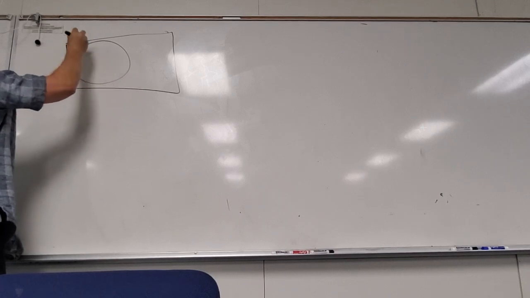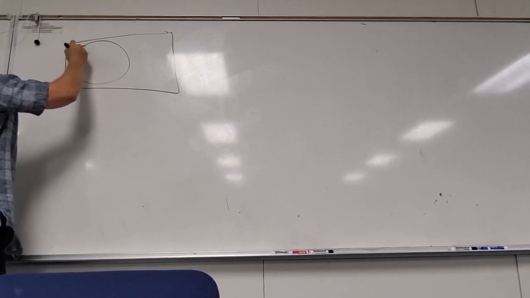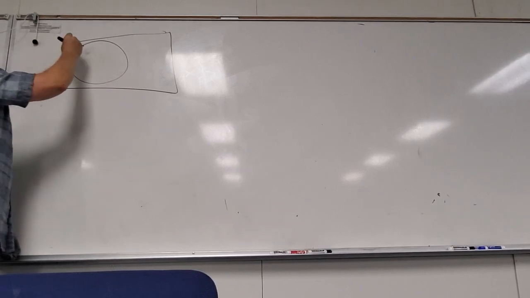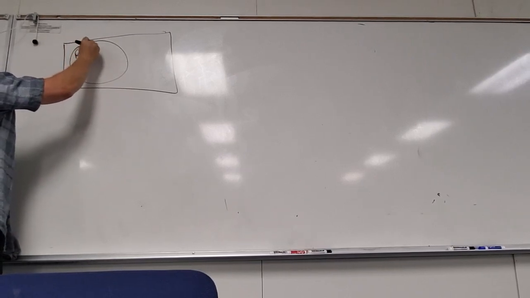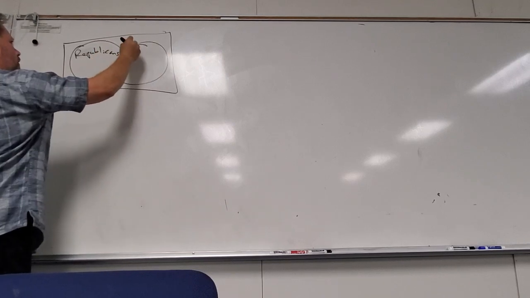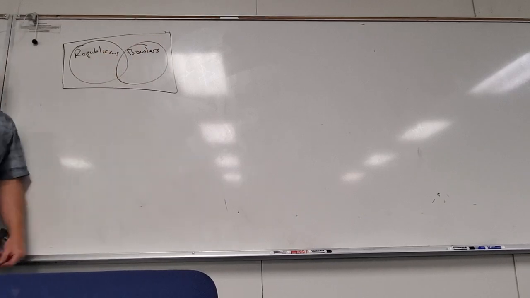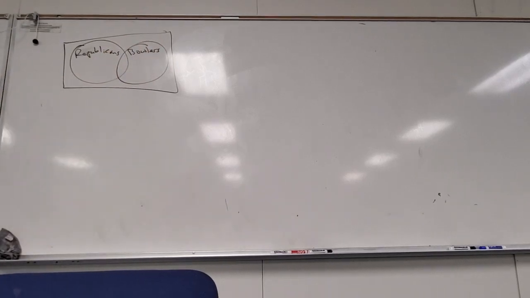Republicans, bowlers. Why not? Just happened to come to mind. Does anyone know what that's called, that diagram? Venn diagram. Kick ass.